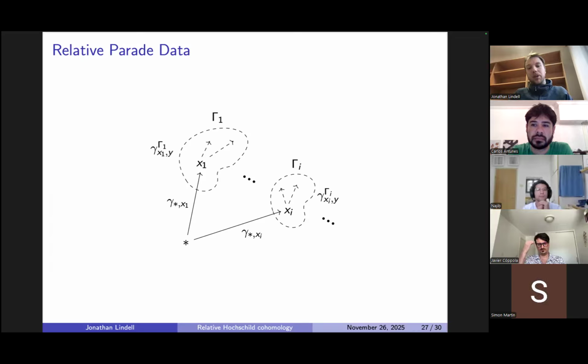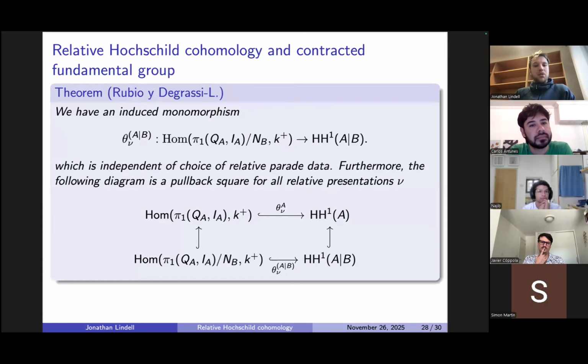In particular, relative parade data is just a specific kind of parade data, patched together locally. And then we've shown that we have an induced monomorphism from the dual of the contracted fundamental group into the first relative Hochschild cohomology, which is independent of the choice of relative parade data.